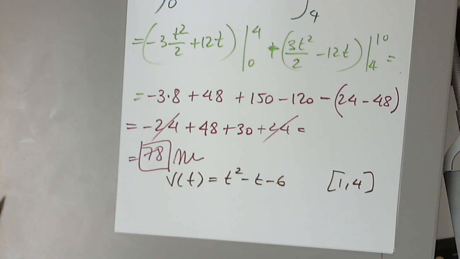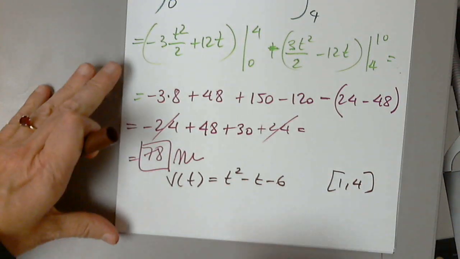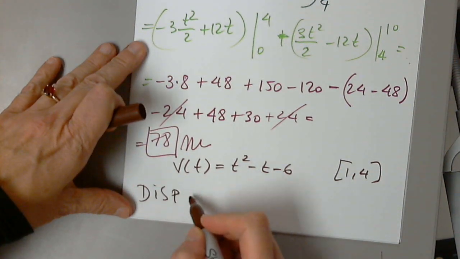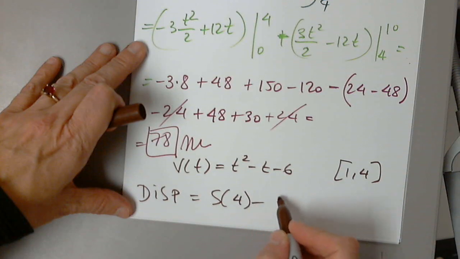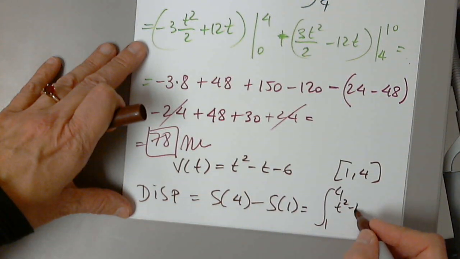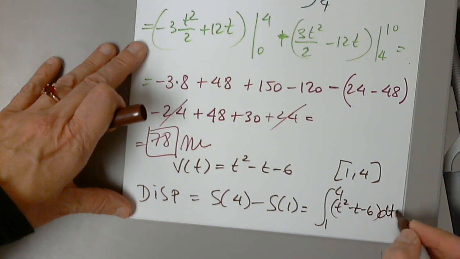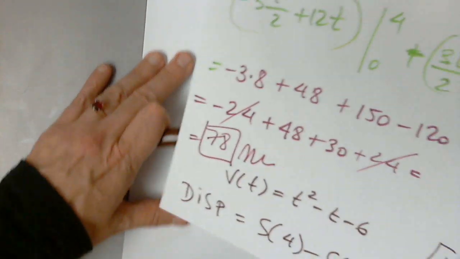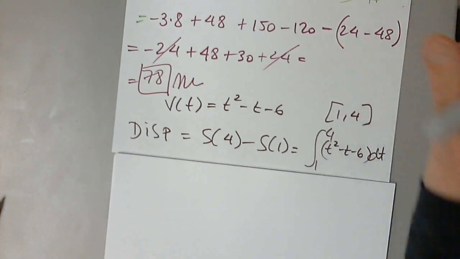So the displacement is s of 4 minus s of 1, which is the integral from 1 to 4 of t squared minus t minus 6 dt, which is not a problem.